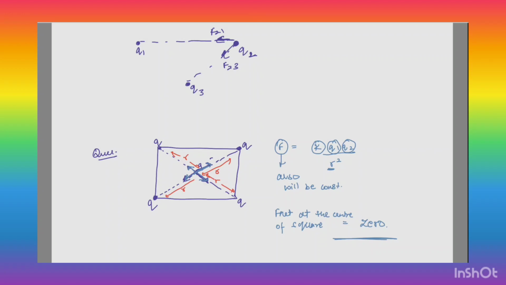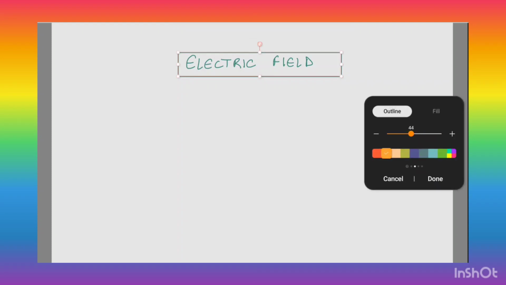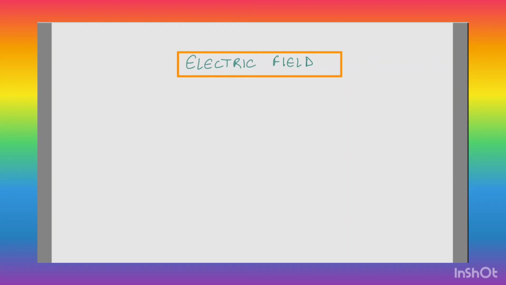Now let us talk about electric field. Electric field is a vector quantity.